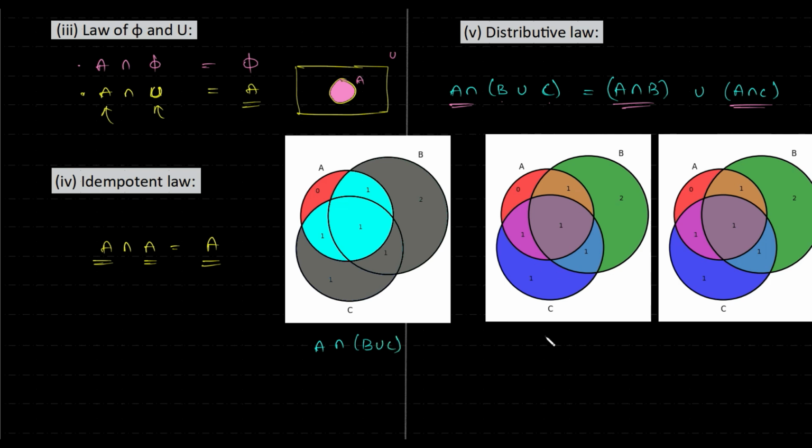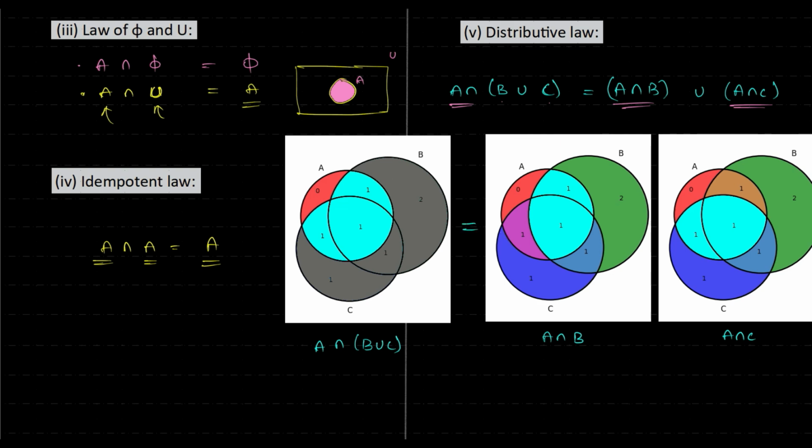Over here we have A intersection B, and here we have A intersection C. Let's look into this. We have A and B over here. The common region is this. Between A and C, the common region would be these two. Now the union of these, that is combining, what will we end up with? We can see we'll end up with the same result.